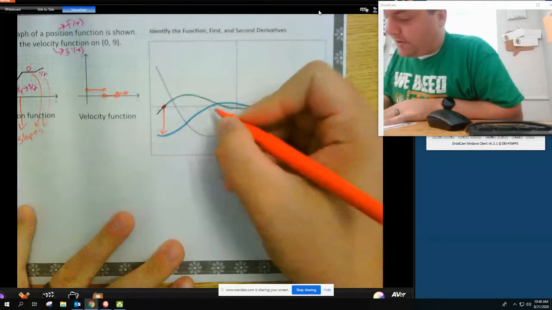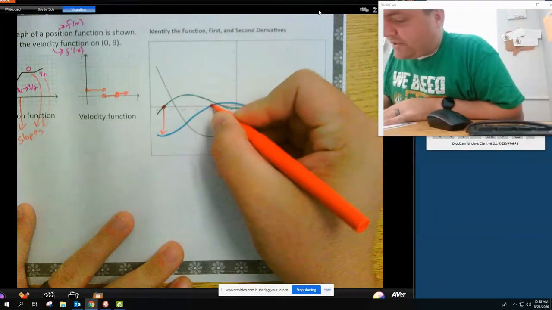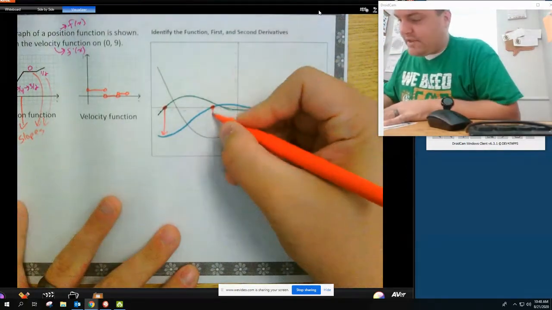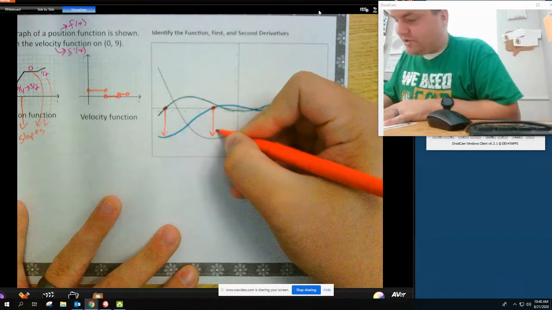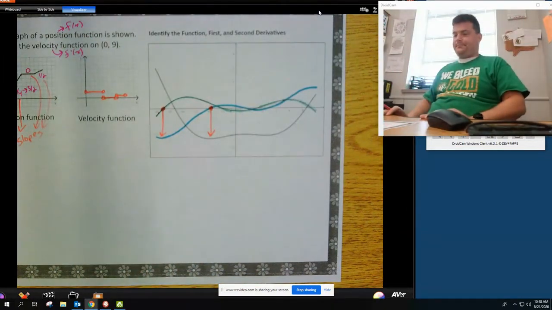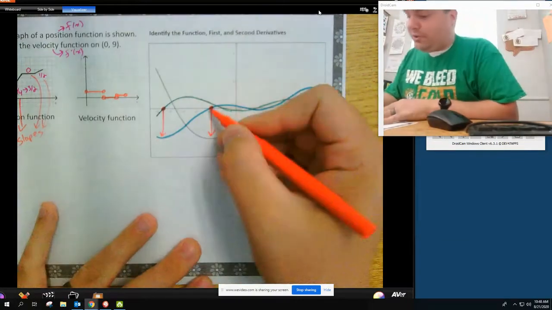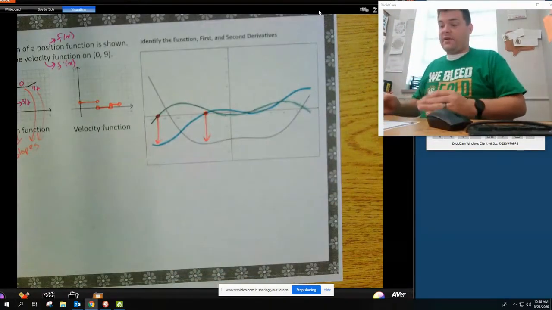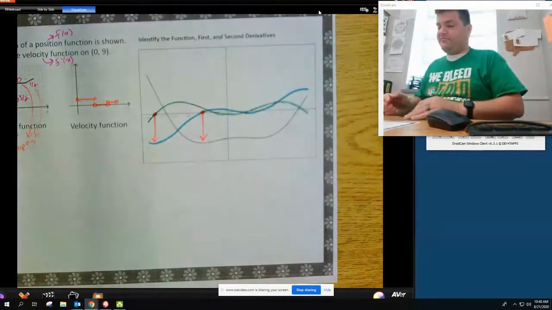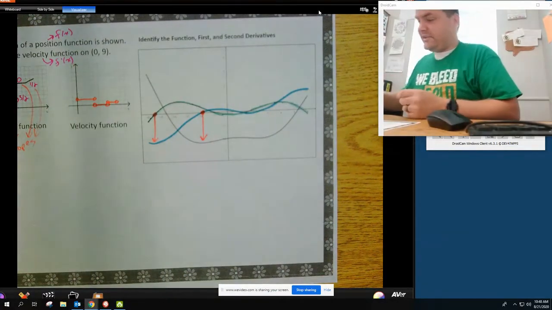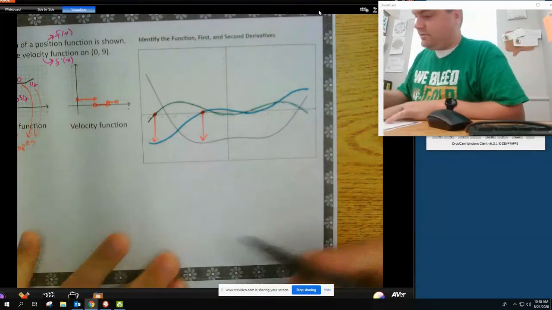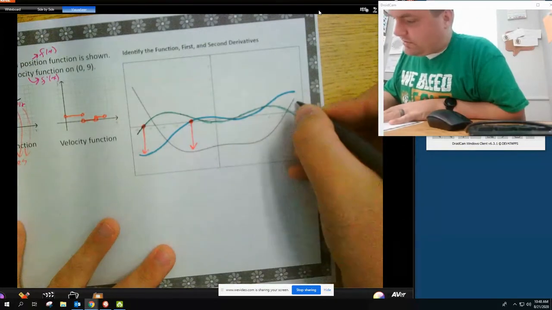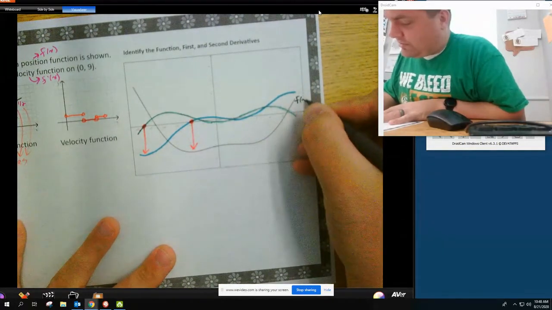Here blue is a 0 now, and it's got a horizontal tangent right down there. So now blue is the derivative of gray, and green is the derivative of blue. So this tells me that gray is the original. So gray is the original.